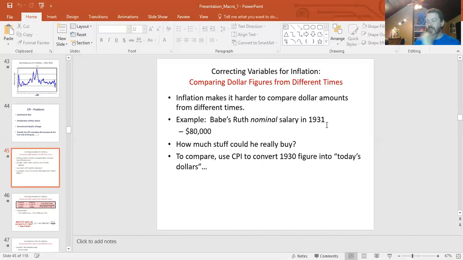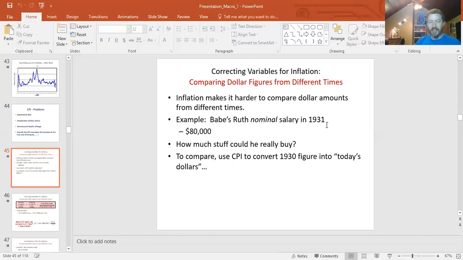But for me to tell you that he earned $80,000 really doesn't give you any information, because prices were very different back then. Right now, if you go out and buy lunch, it costs you $9 or $10. Back in 1931, lunch would probably cost you 10 cents or something like that. At the very least, you'd be paying in change, not in dollar bills.